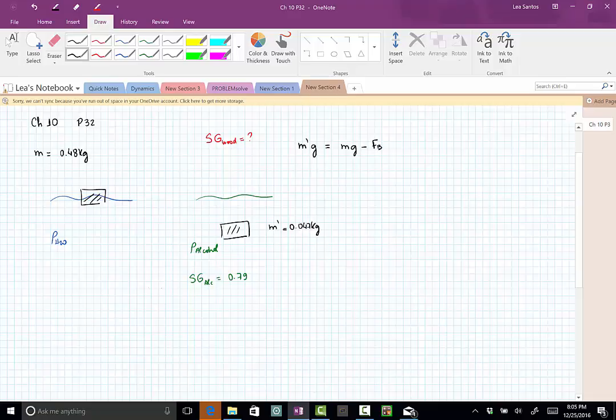So the buoyant force makes it feel a little lighter, but it still is not enough to hold this object, so it sinks.